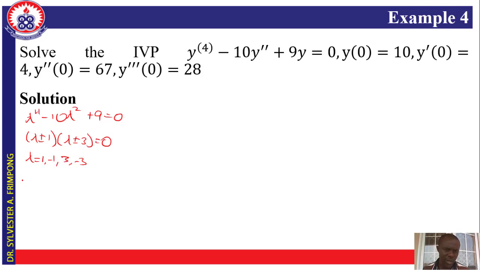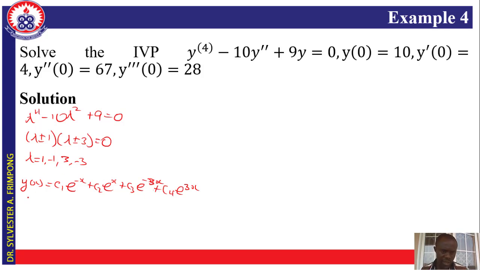So the general solution y of x is c1 e raised to the power negative x plus c2 e raised to the power x plus c3 e raised to the power negative 3x plus c4 e raised to the power 3x. So that is the general solution.